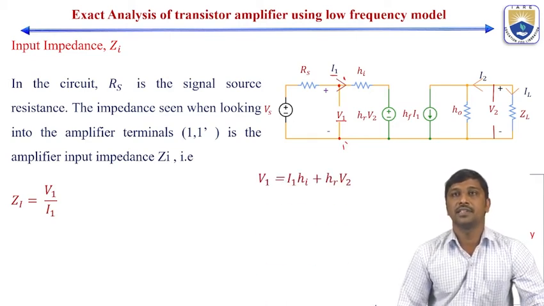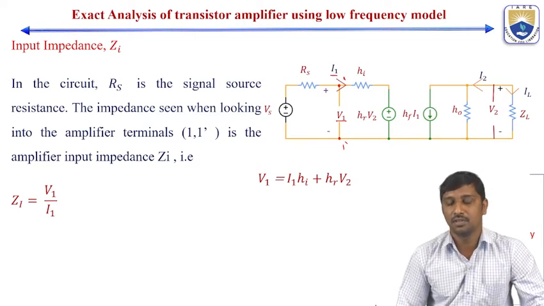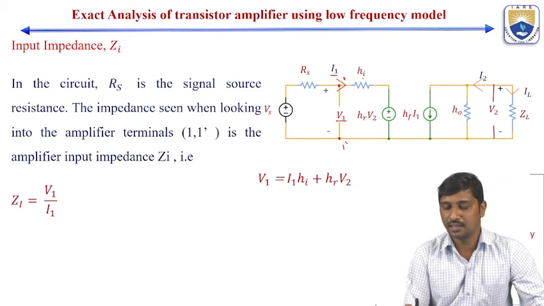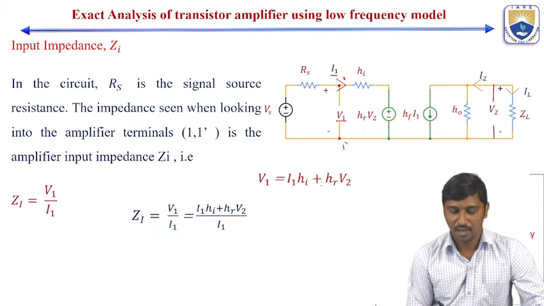From the small signal model or low frequency model, we know that V1 is equal to HI times I1 plus HR times V2. So in this expression, I am going to substitute this V1 into the input impedance, which is the ratio of input voltage to input current.